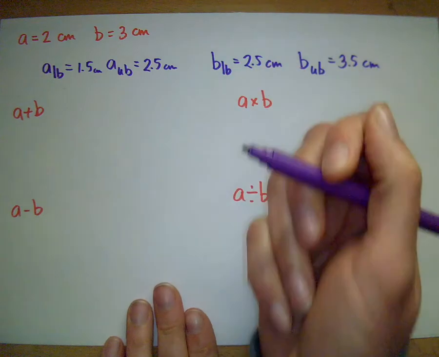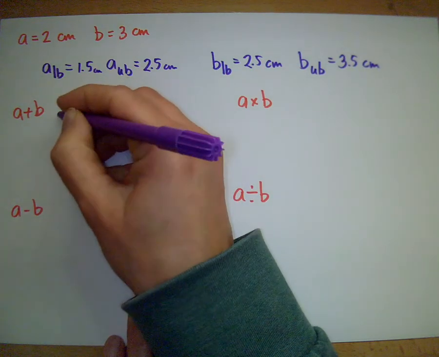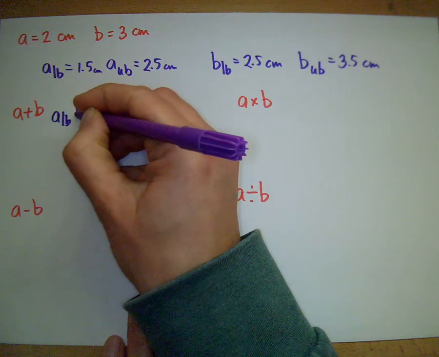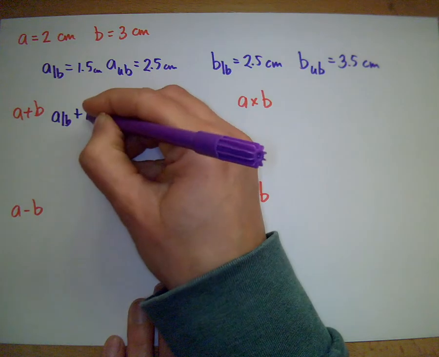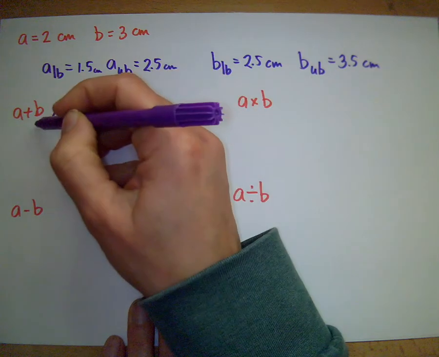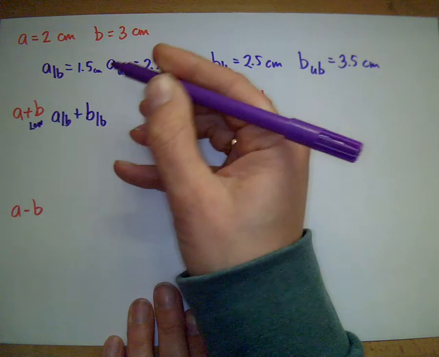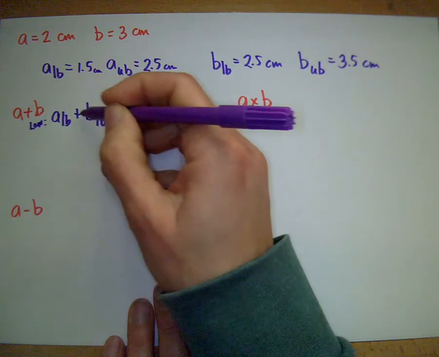Because we're adding them. So A's lower bound plus B's lower bound, right? That would give us the lowest number. Oops, I should write lower, lower, low. How do we get the lowest?